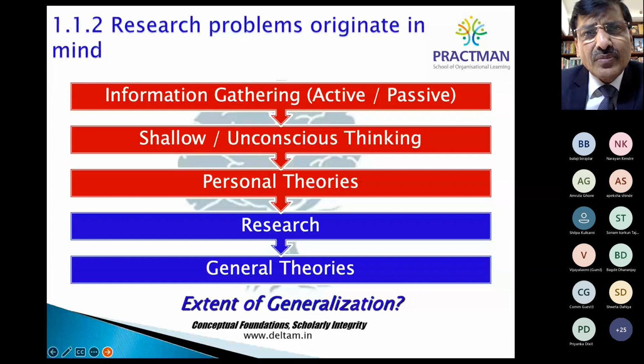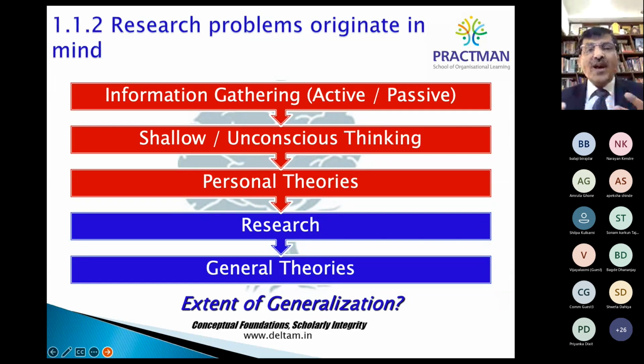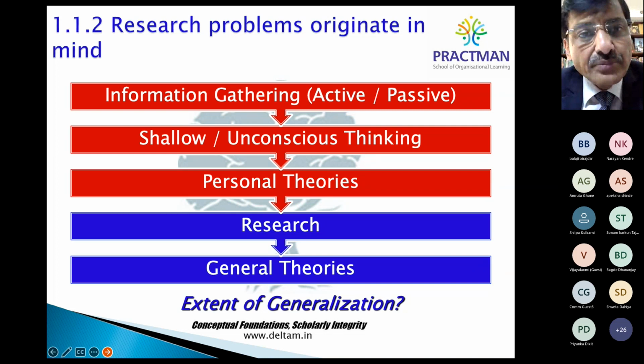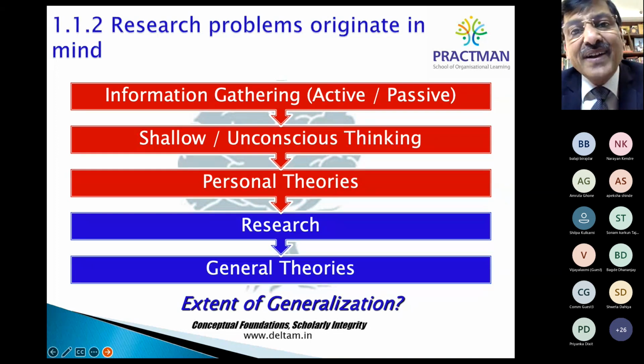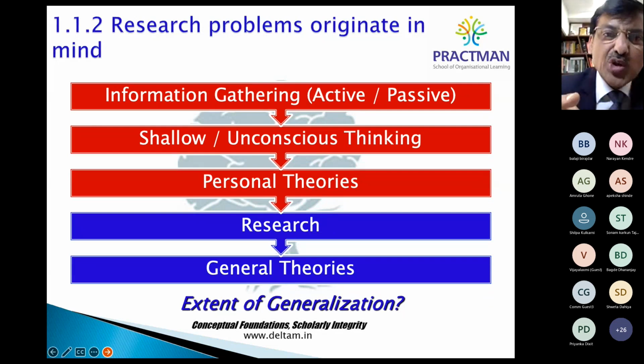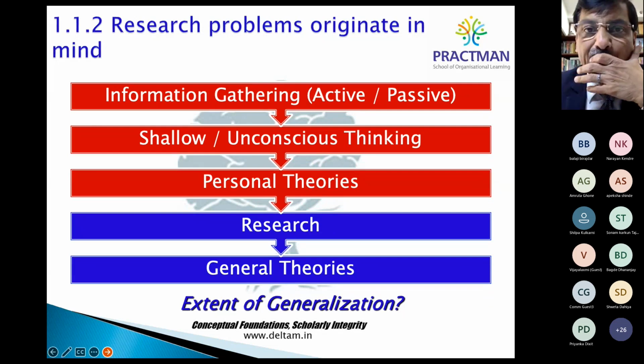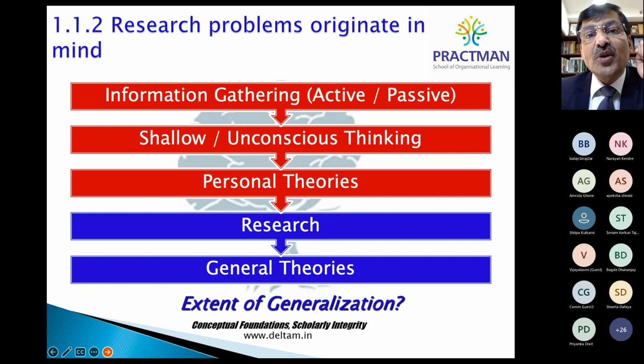Now, when we look at research problems, whether to approve that as a PhD problem or not, we apply certain criteria. One of the important criteria is: is this research contributing to the body of knowledge?